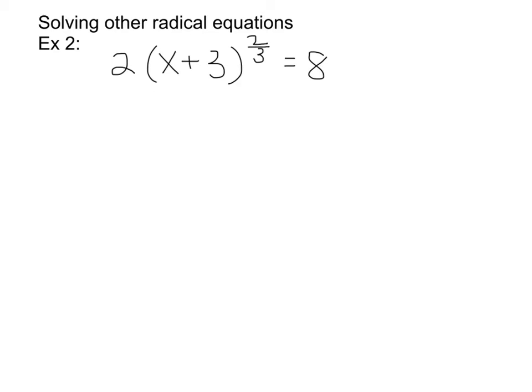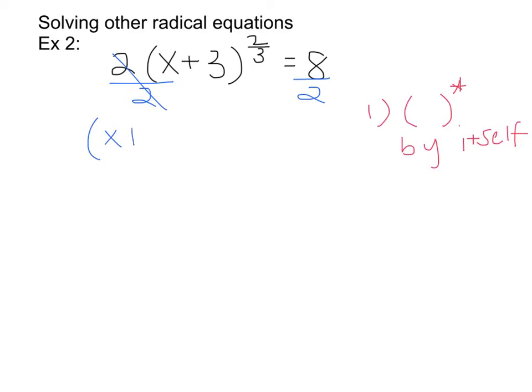So our first step on the other page was to get the radical by itself. Now our first step is to get the parenthesis with the exponent by itself. How would I get rid of that 2 that's being multiplied in front of my x plus 3? To get rid of it, we divide both sides by 2.